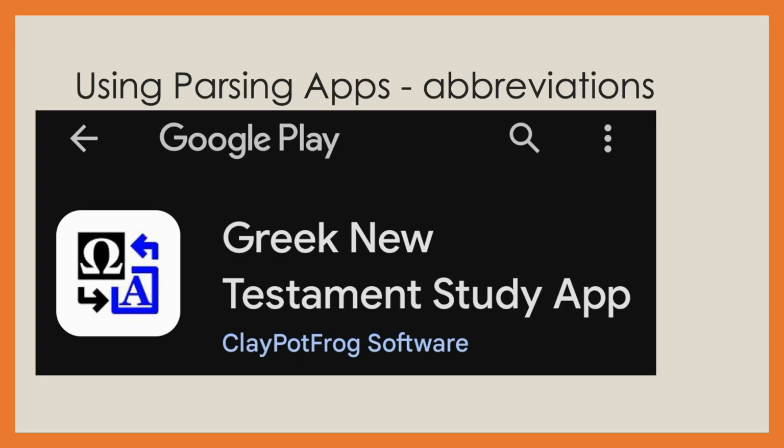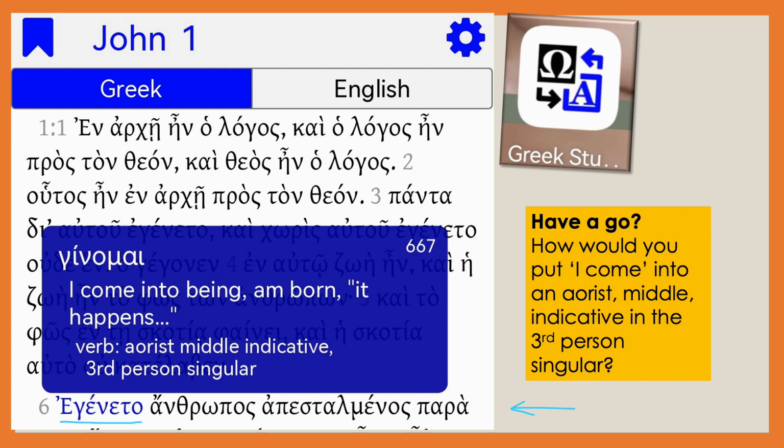Now, talking about apps and software, here's an example on screen. Greek New Testament study app by Claypot Frog Software. I have this installed on my phone and you can find it on Google Play. Here is a screenshot from my phone. You can see that I've clicked on the word egeneto. Now the root form of it is ginomai.